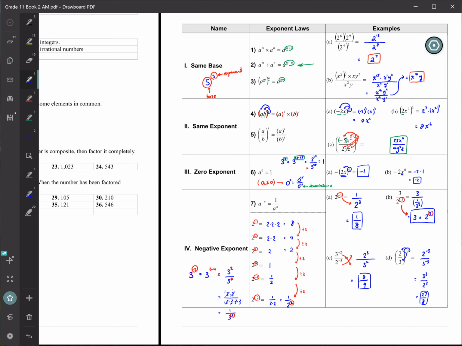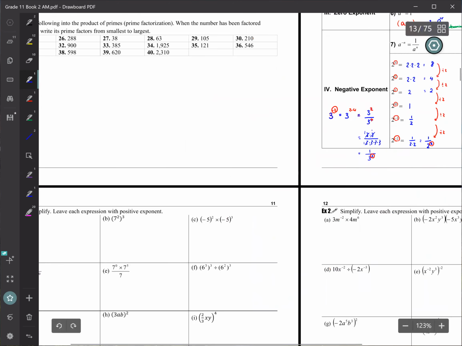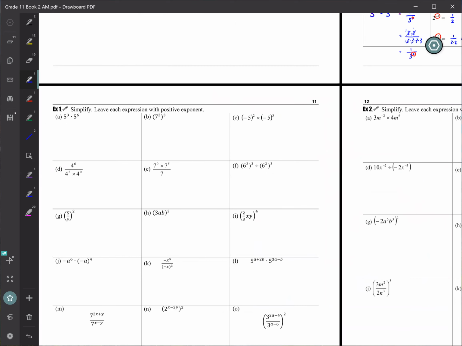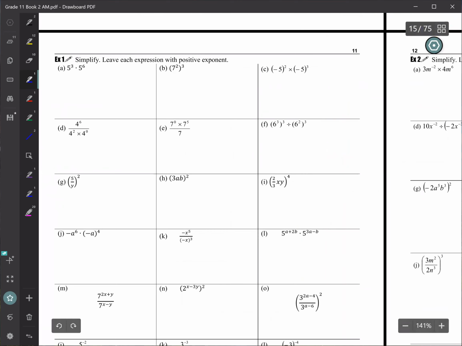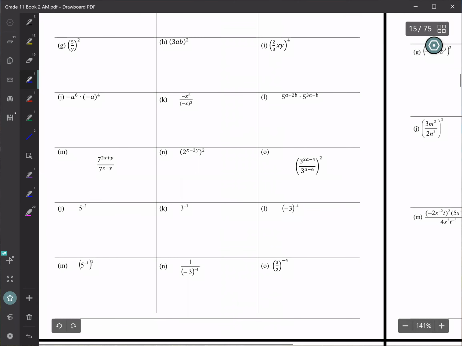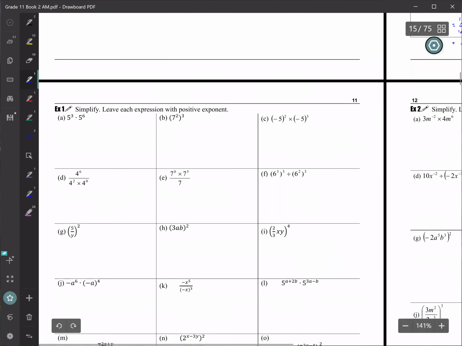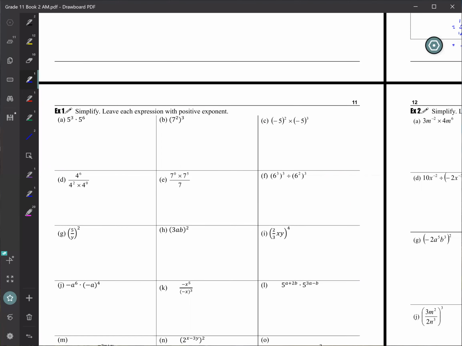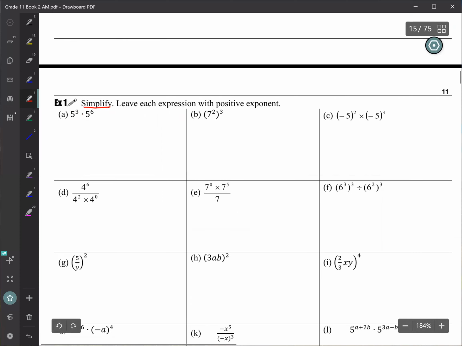Okay, so the next page is just practicing everything that we just reviewed. So let's look at what it wants you to do. This part is not evaluating. So even though some questions have numbers in there, it's just simplifying, but please still leave the exponent.